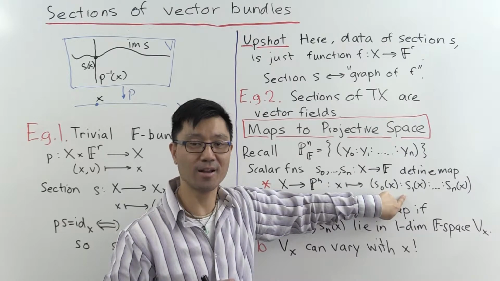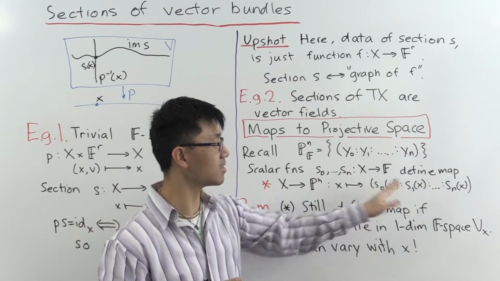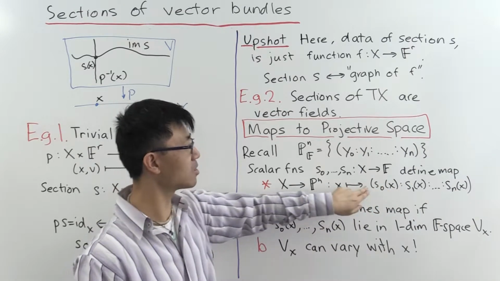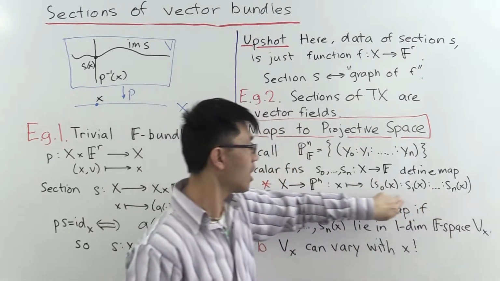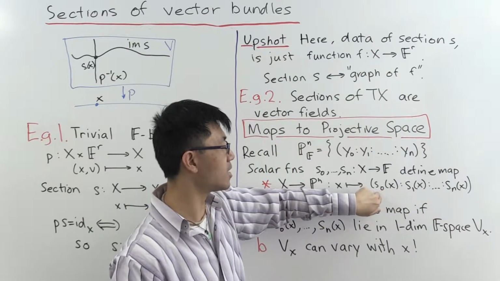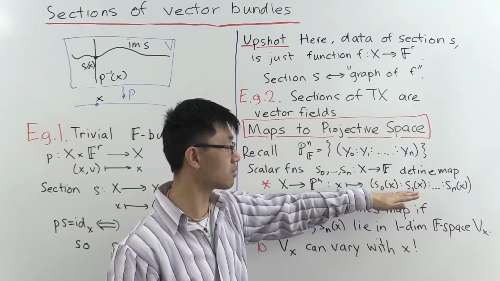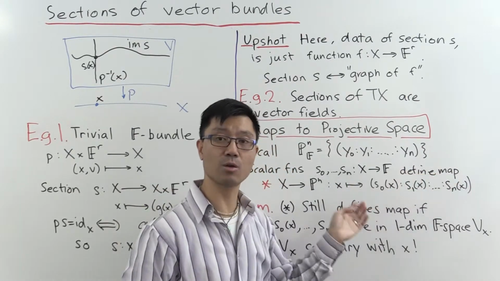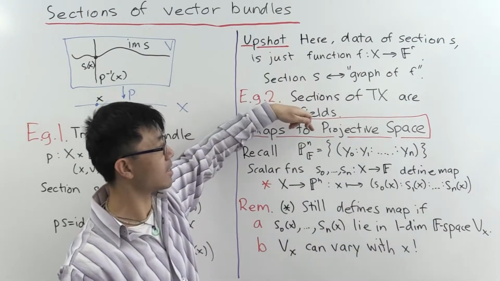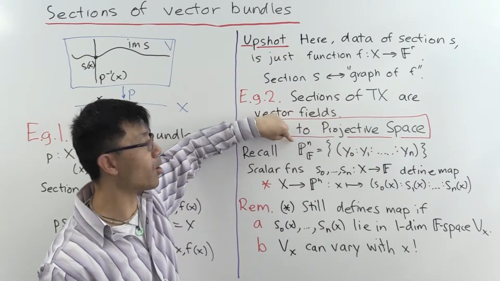It doesn't matter; this still makes perfect sense. If you change x, these n+1 values S0(x) up to Sn(x) can live in a different one-dimensional vector space, but this still makes sense as a ratio, and hence as homogeneous coordinates or a point inside Pn.